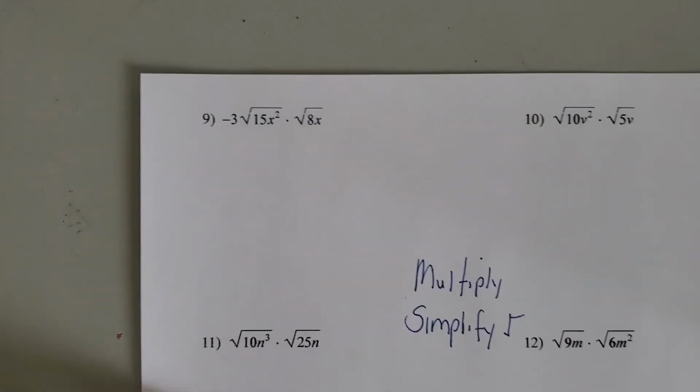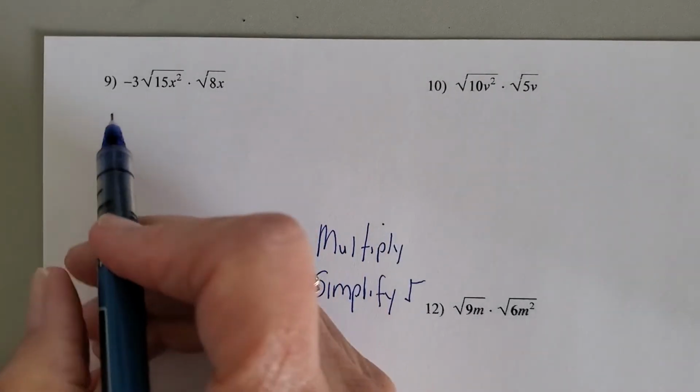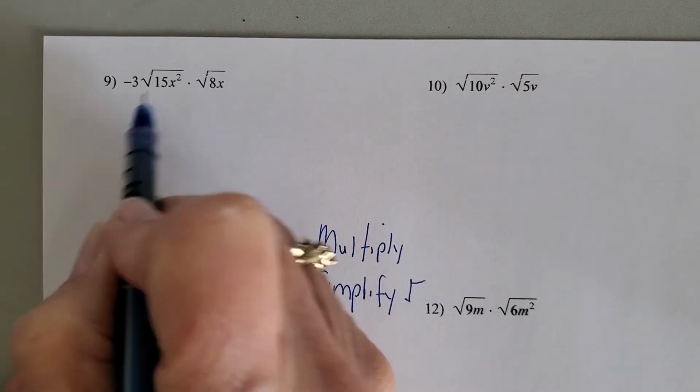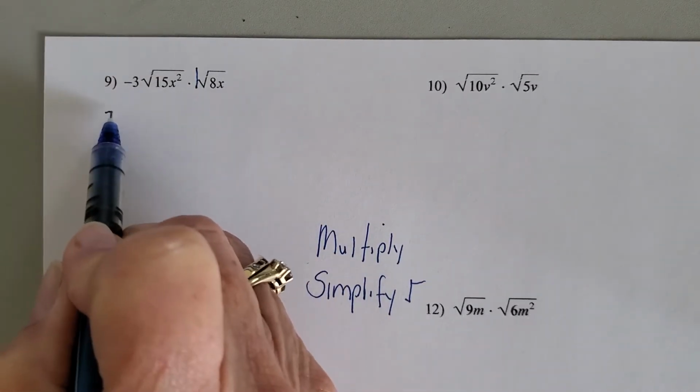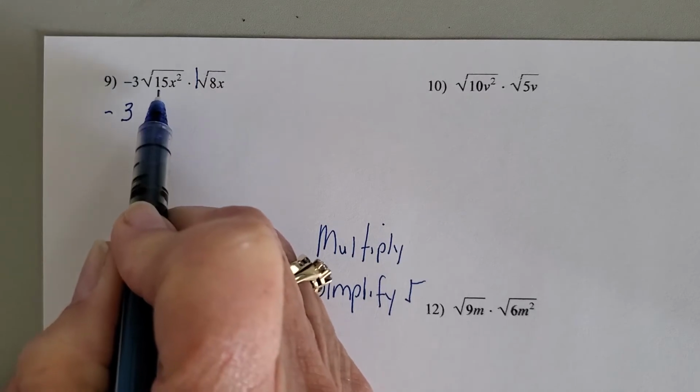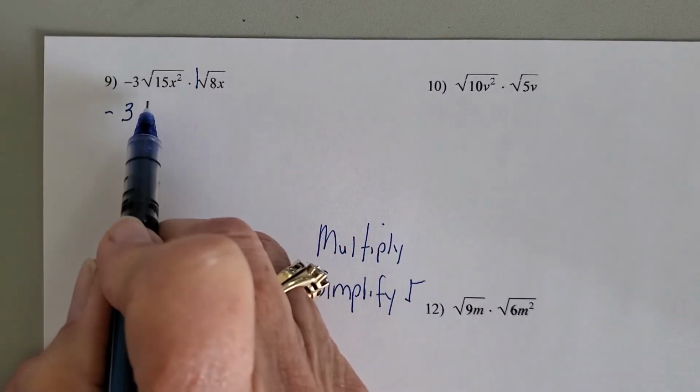Sometimes we have variables with these. So let's look at how that happens. We're going to multiply what's outside. So there's a hidden 1 here. Negative 3 times 1, negative 3. So this isn't distributed like the previous one. These are just straight up multiplication.